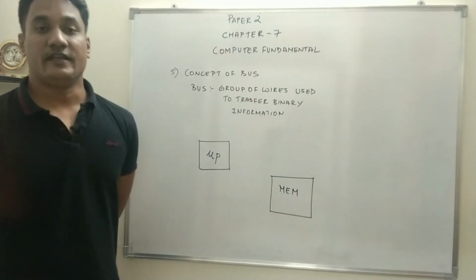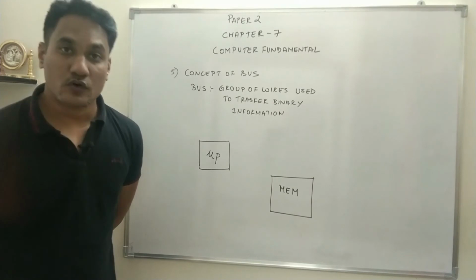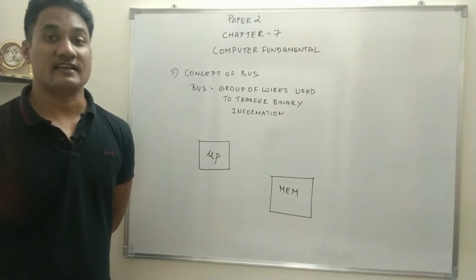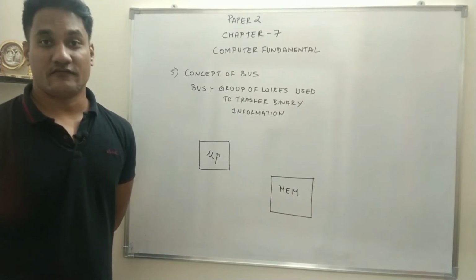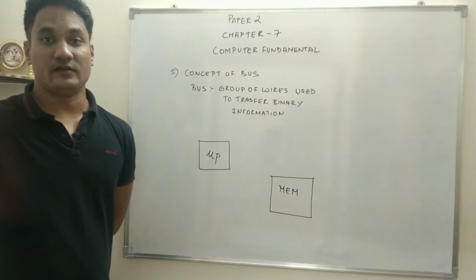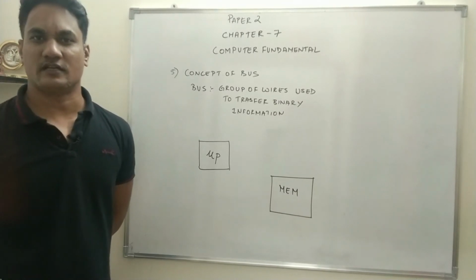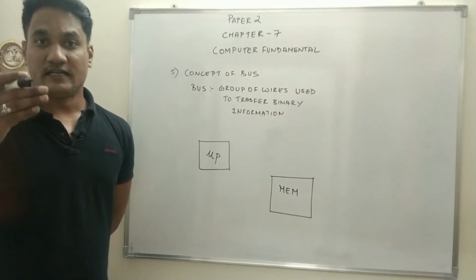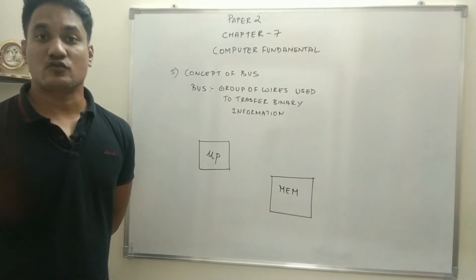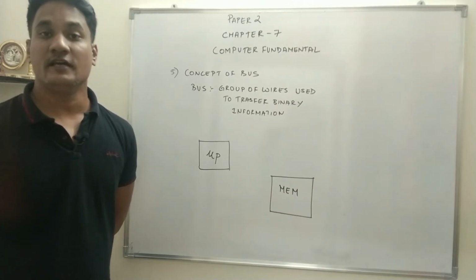Now whenever the data has to be stored or retrieved from the memory, the microprocessor needs the address of that memory location. That means there are a number of memory locations, and the data will be in one of them. So the microprocessor has to know the memory address of that memory location.